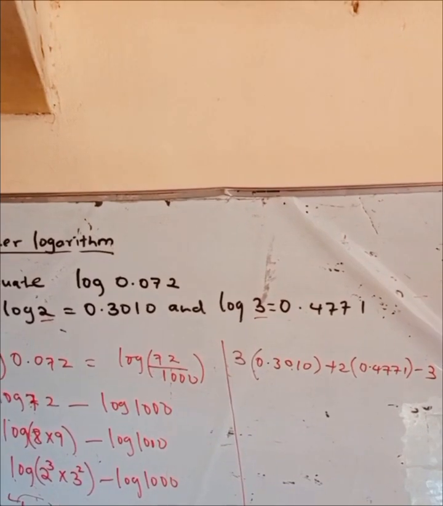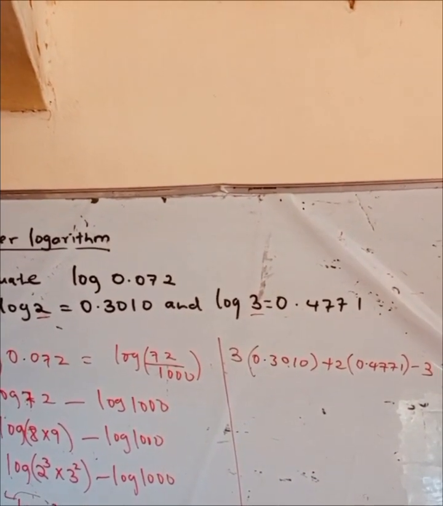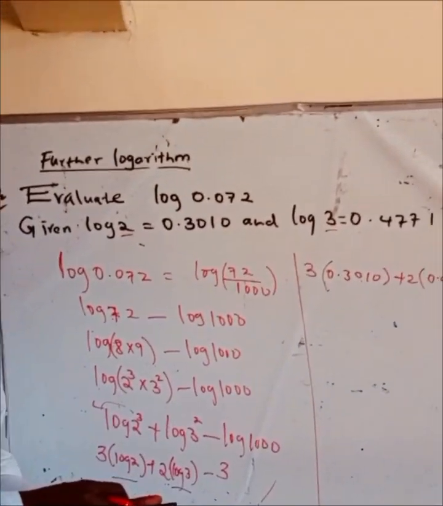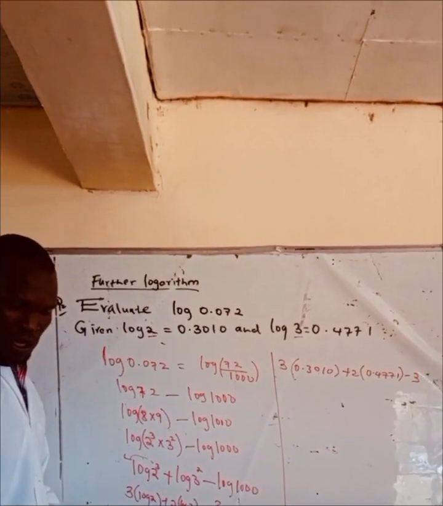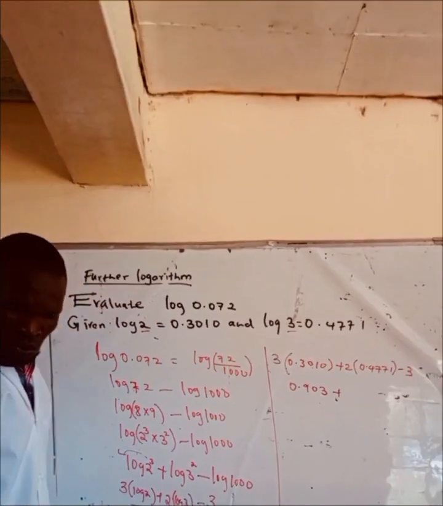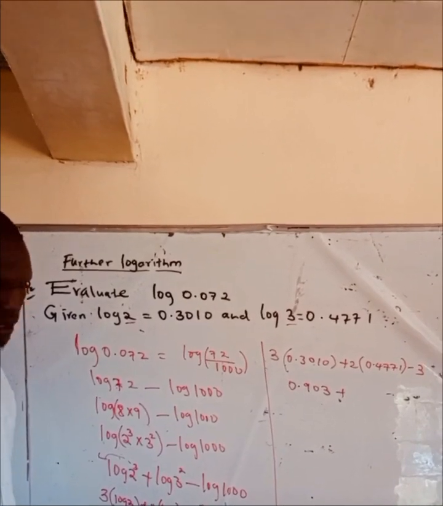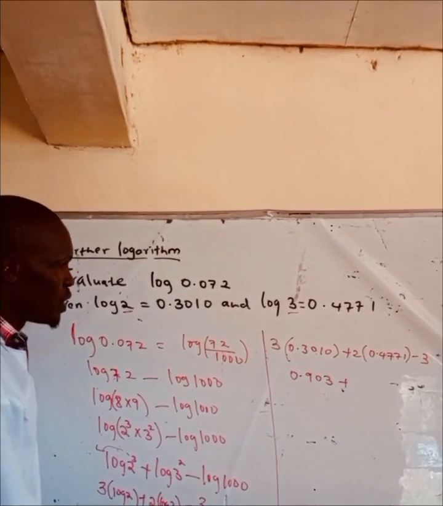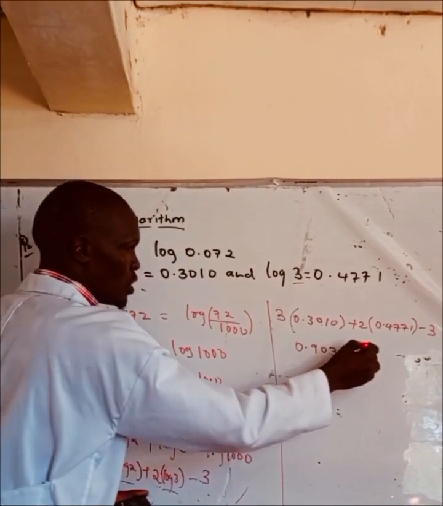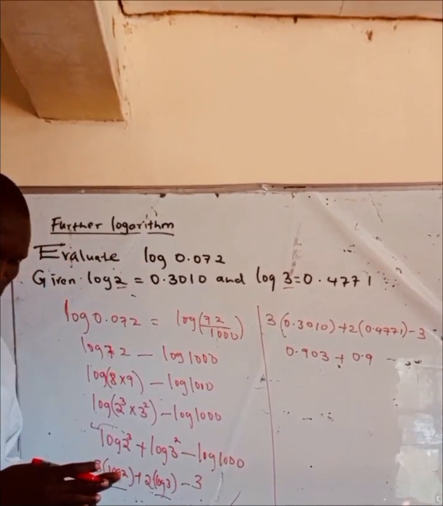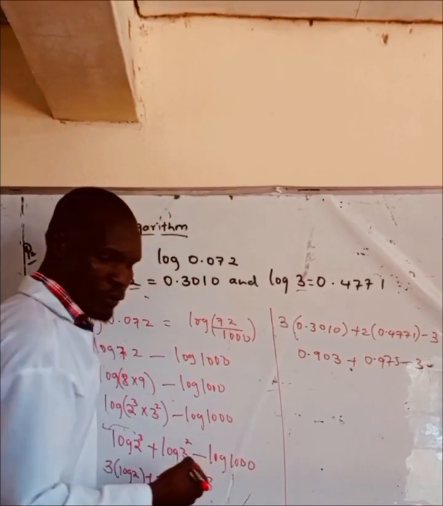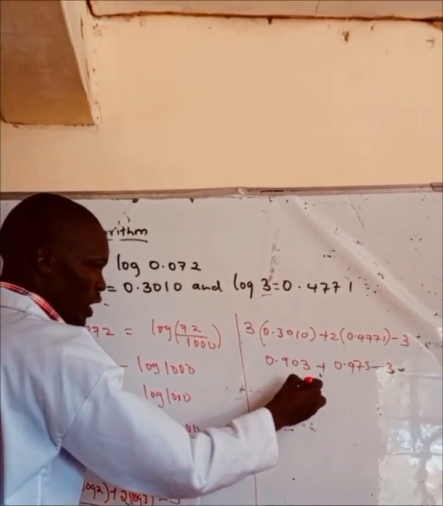If you work it out, let me just take my calculator here, 3 times that log becomes 0.903, and then plus 2 times 0.4771, which gives us 0.975 minus 3.